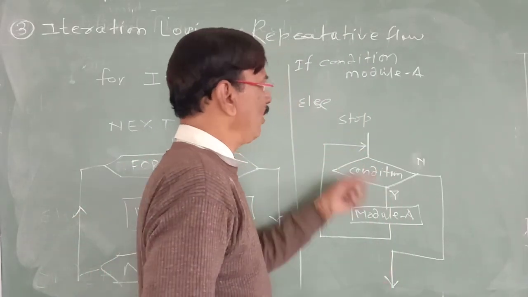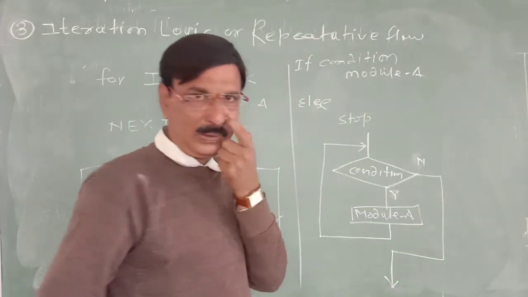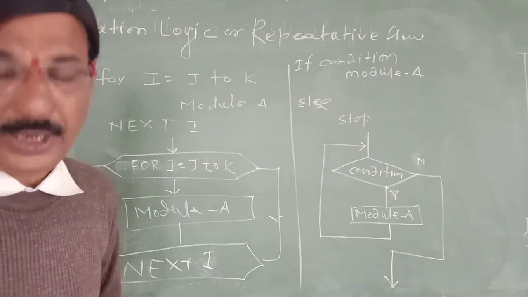Suppose module B is there, again go back like this. So this is repetitive flow.